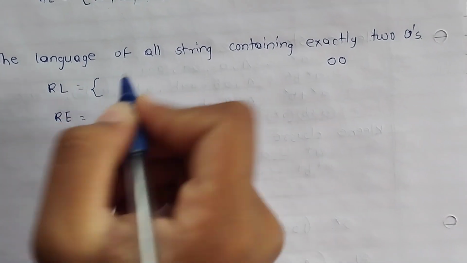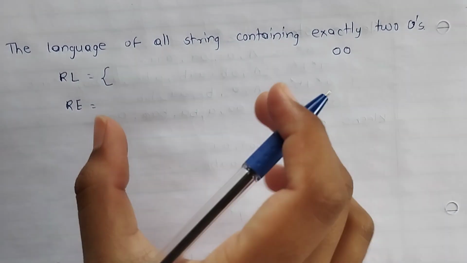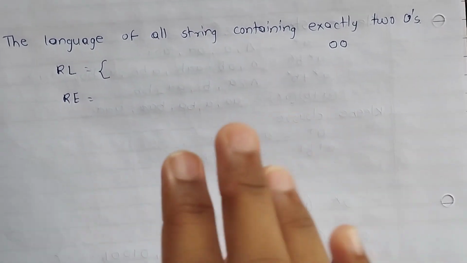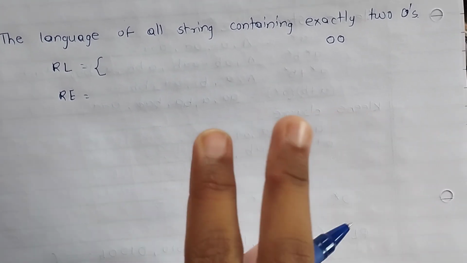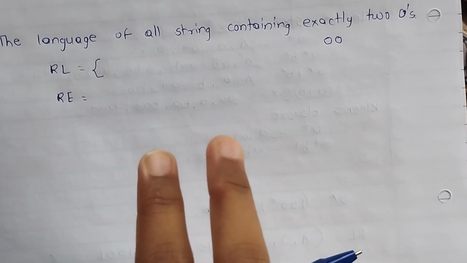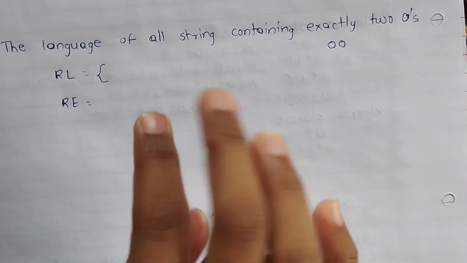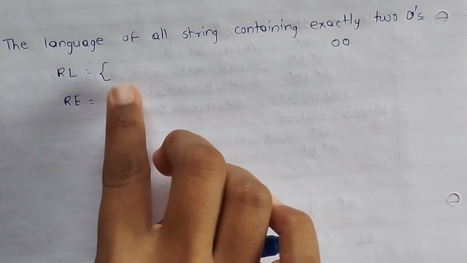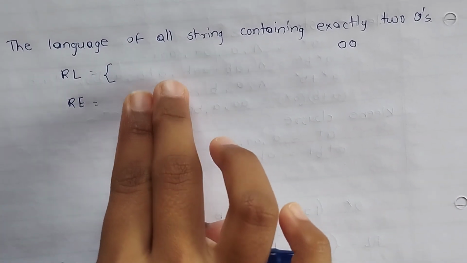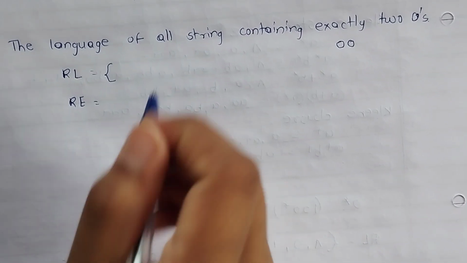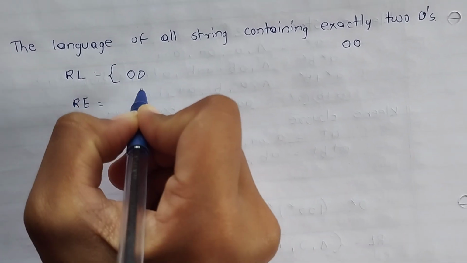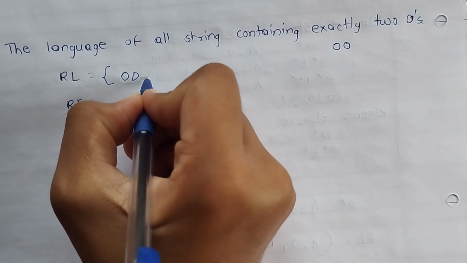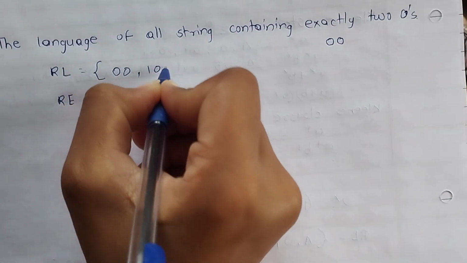First, null is not considered because we want two zeros compulsory in the string. If we put the null value then 2 zeros are not present in our language. So first we consider 00. Then the possibility is 100.